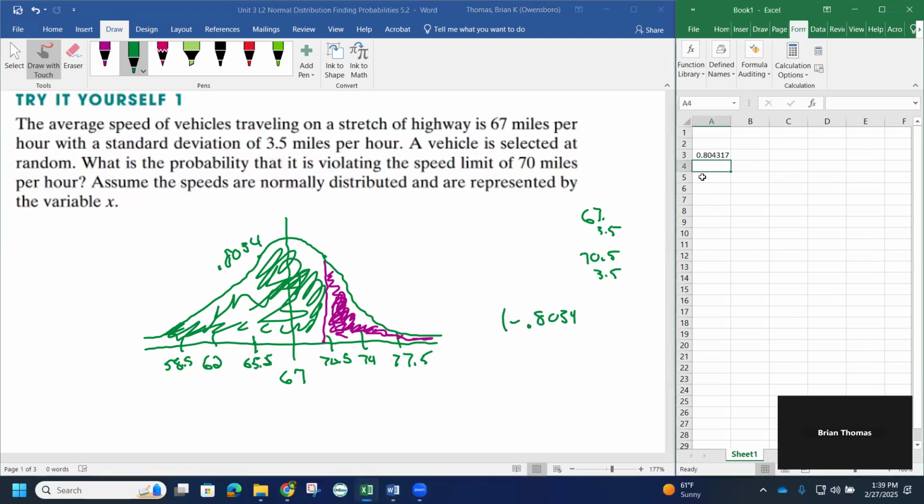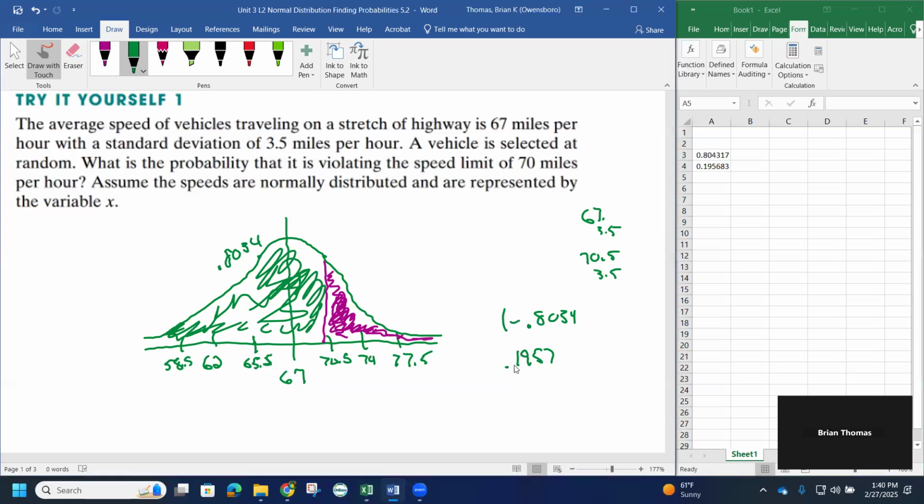In another box I can type equals 1 minus A3, where that value is. It should give me the other side of that, which would be 0.1957. So 0.1957 would be that probability. That's how I could do this in Excel.